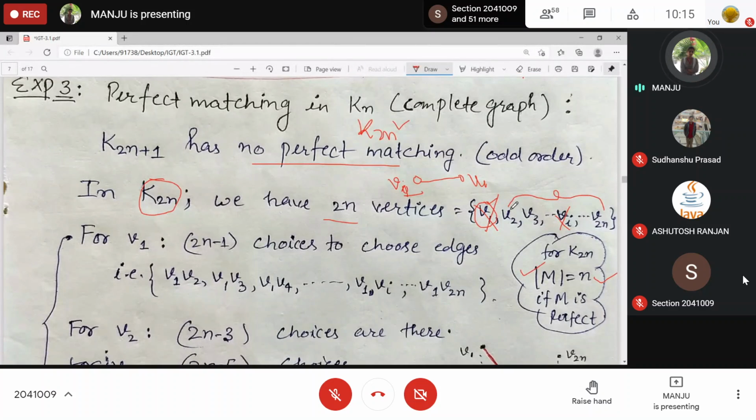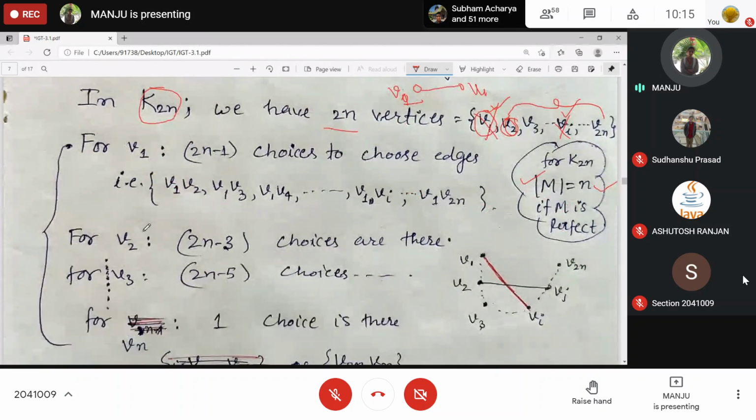Then V2. How many vertices are left for V2? We can choose which edge from V2? Two are gone, so 2n minus 1, 2n minus 2, and 2n minus 3, excluding itself, right? Clear? So for V2, how many choices? 2n minus 3 choices.